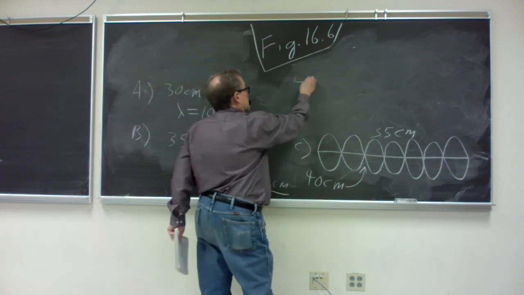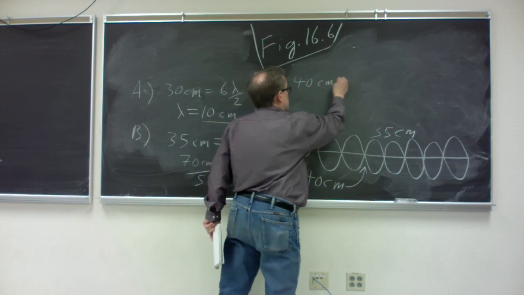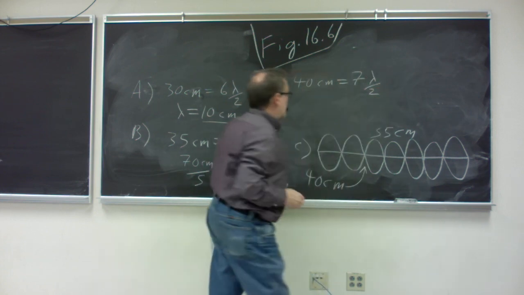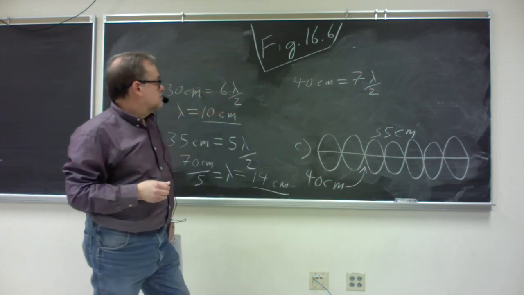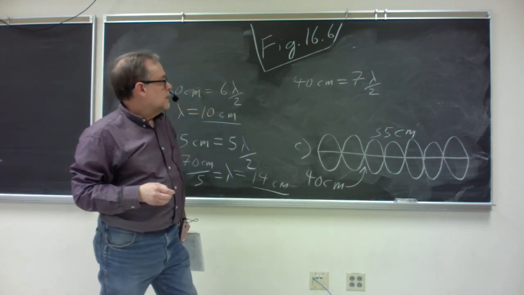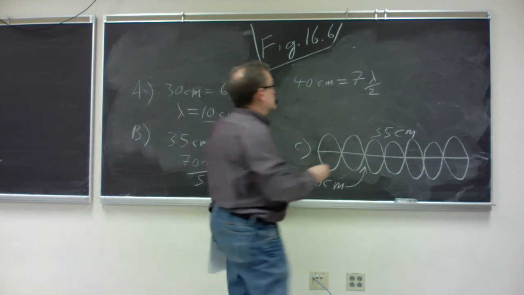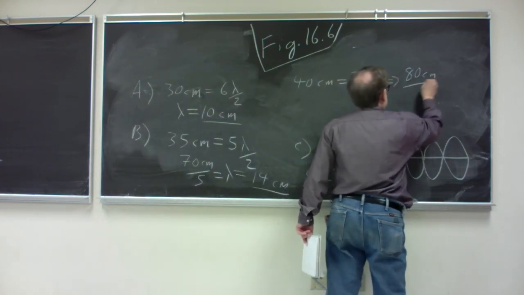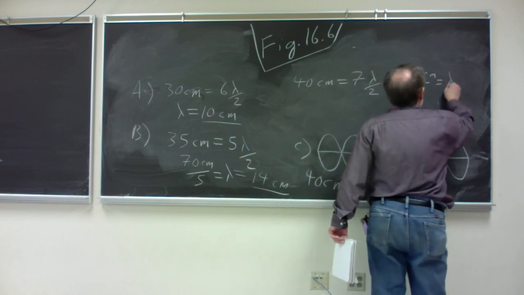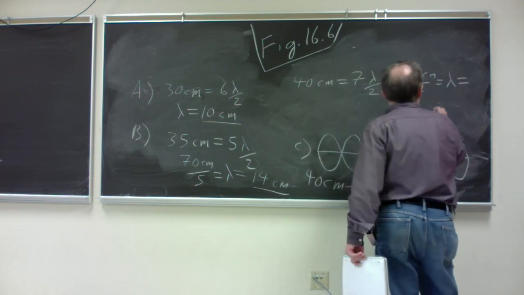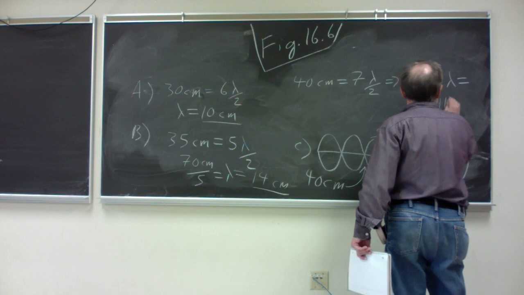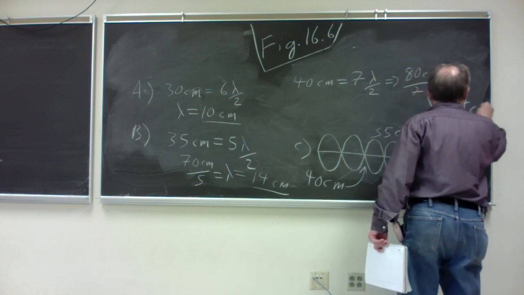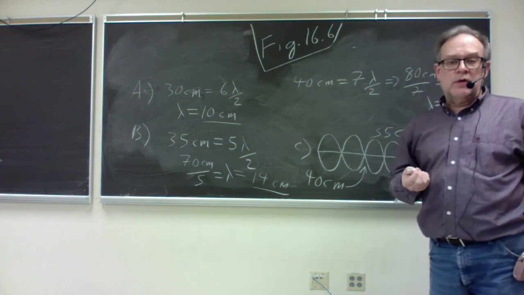So the entire string length of 40 centimeters is equal to 7 half wavelengths, or 80 centimeters divided by 7 is the wavelength. That would come out to about 11.4 centimeters for the wavelength there.